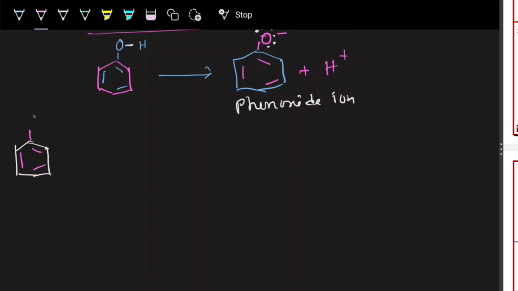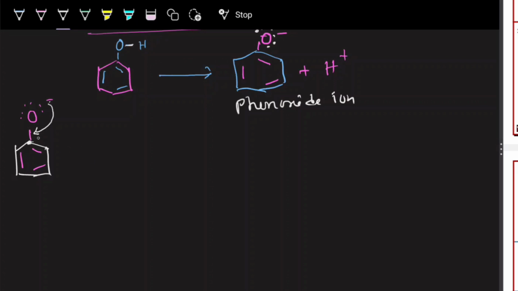Alternate double bonds, O minus. Now here this negative charge is nothing but one electron pair comes between oxygen and the carbon of this benzene ring.